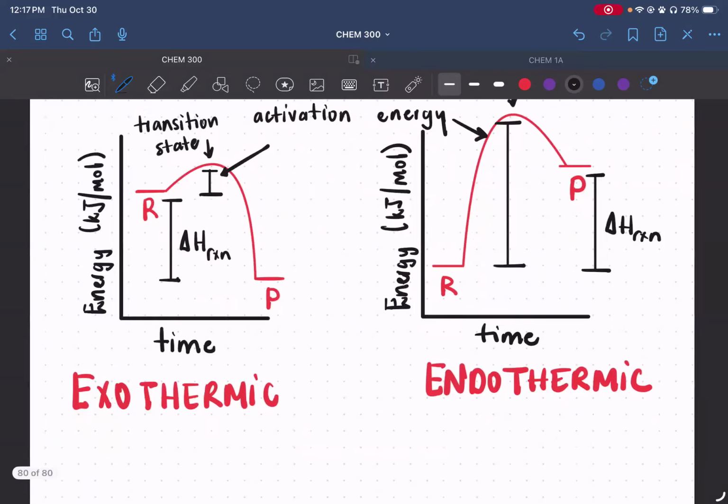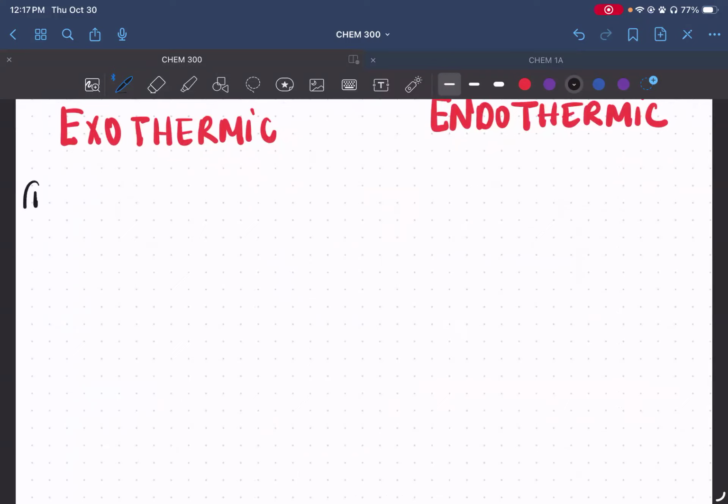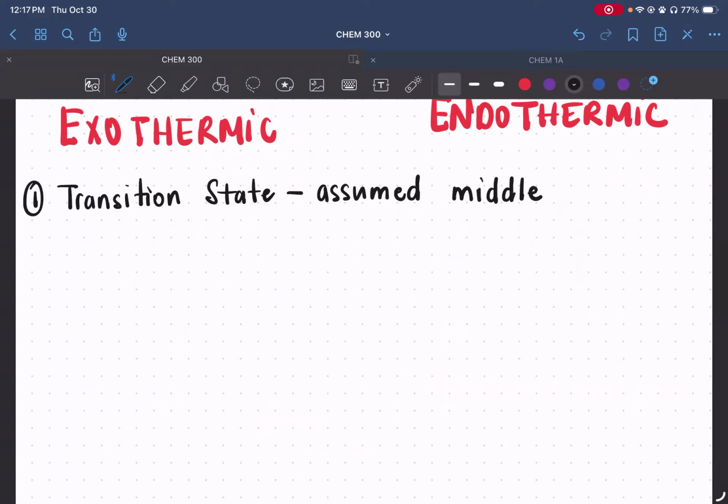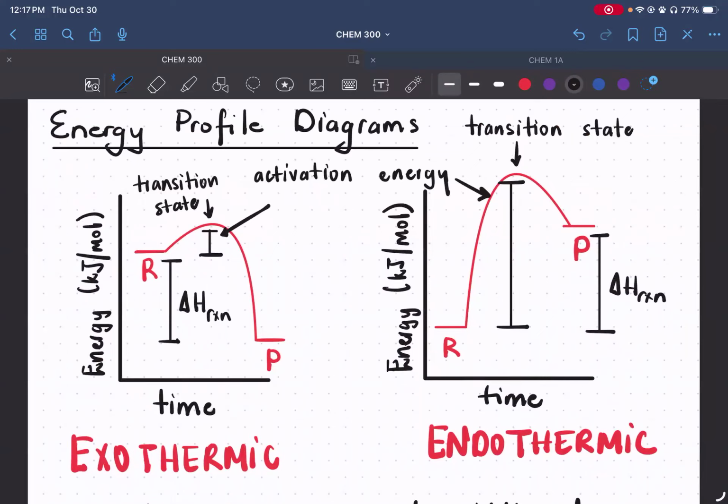Now let's define some of these useful key factors about these graphs. Starting with a transition state. The transition state can be thought of as the assumed middle of the reaction, the halfway points. Remember that the transition state is that highest point over the hill.